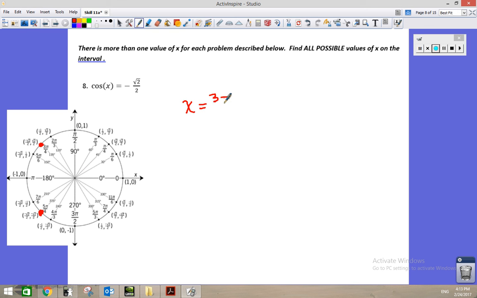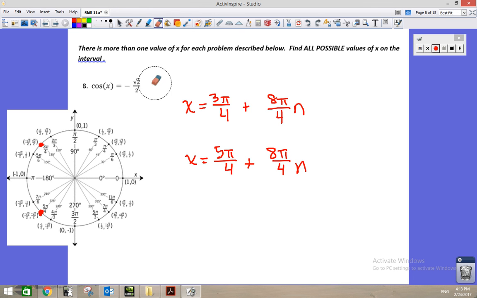I can take 3 pi over 4, and I can rewrite 2 pi as 8 pi divided by 4, and I can do the same thing with 5 pi over 4. That's infinitely many solutions to this equation. But they didn't want infinitely many. They only wanted me to find values of x that were between 0 and 3 pi. All right, so let's see if we can do that.